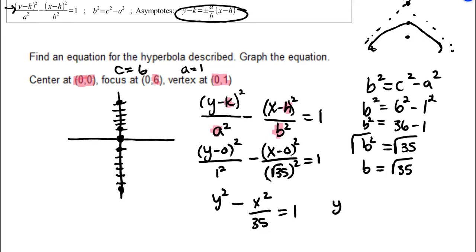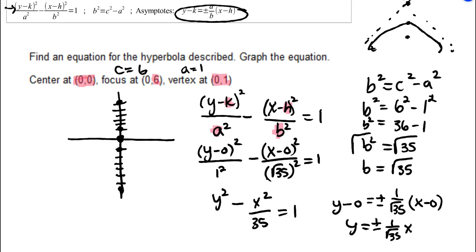The asymptotes are going to be y minus 0 equals plus or minus 1 over the square root of 35 times x minus 0. That's y equals plus or minus 1 over the square root of 35 x.